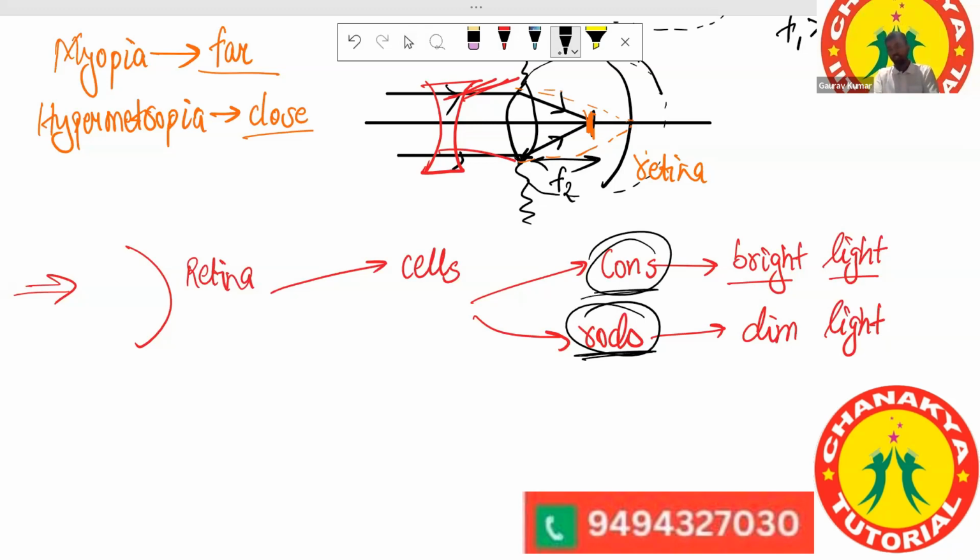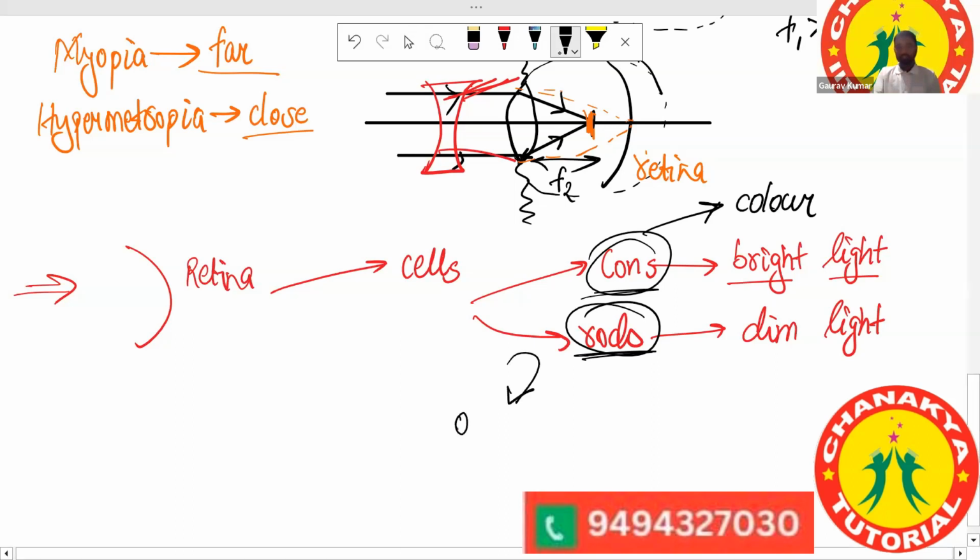These are two different types of cells. The cones also detect different types of color. So these two have different functions, and they extract the information and send it through the optic nerve.